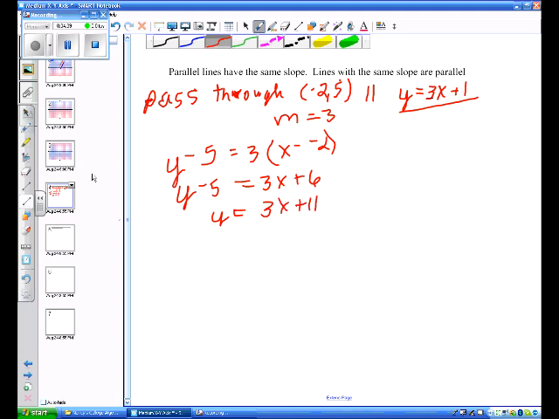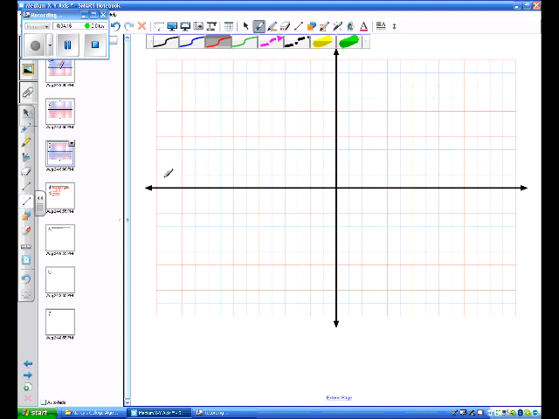Now, if we wanted to see if this was true, let's just graph this. We want a line that goes through the point -2, 5, and we want it to be parallel to the line y equals 3x plus 1.